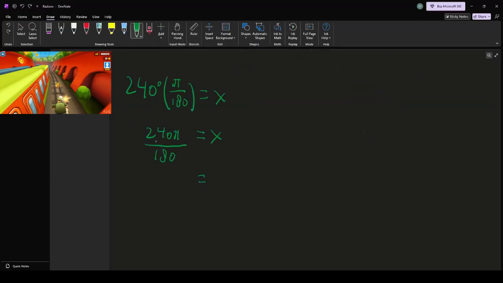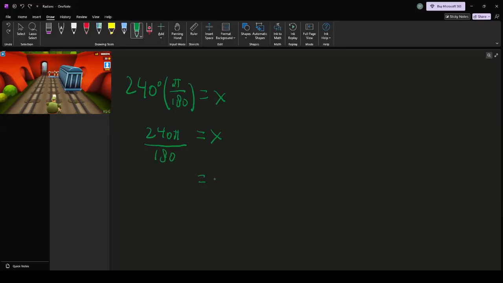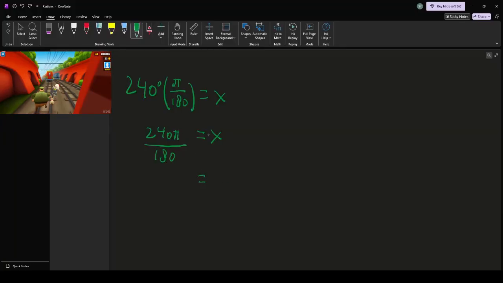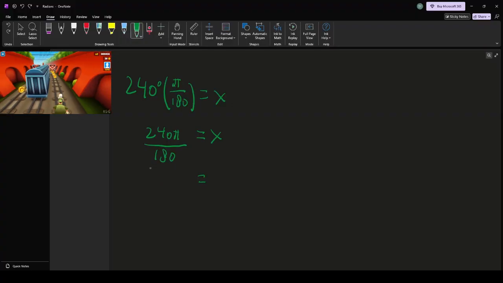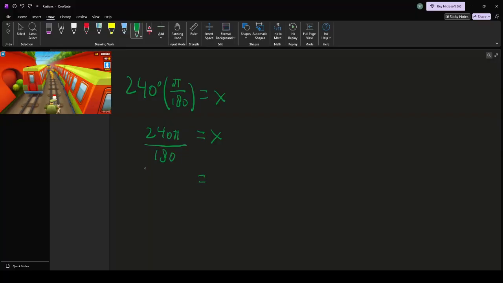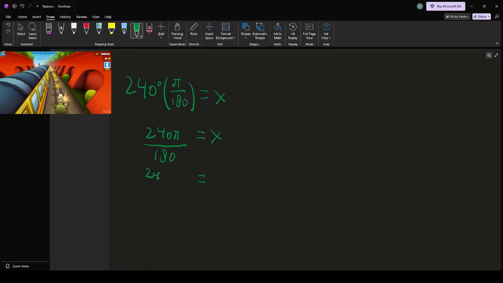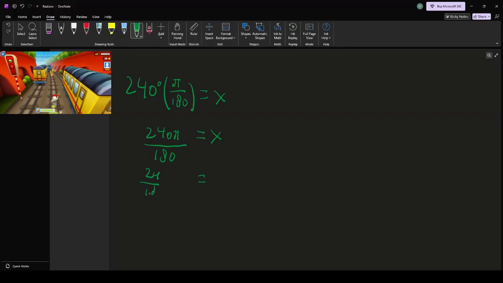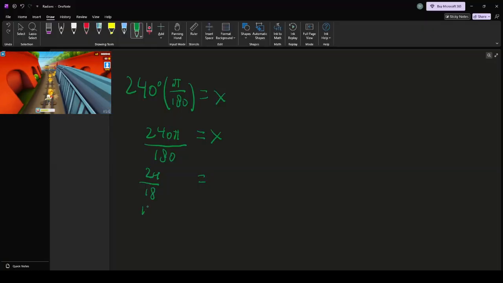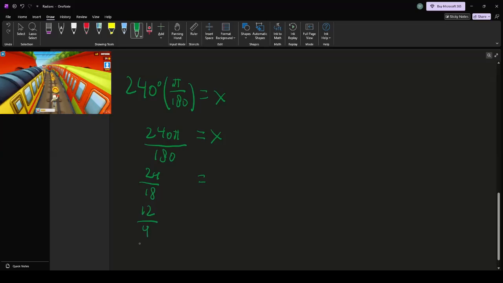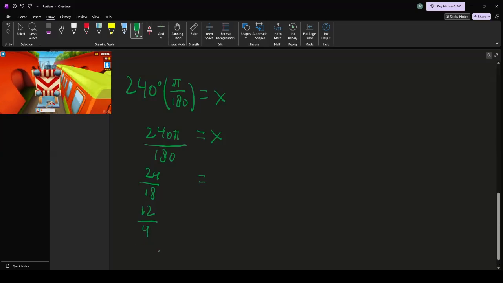So you just simplify the fraction 240 over 180 to get your answer in radians. I don't really have a fast way to simplify it, unfortunately, so you could just divide by 10, that's 24 over 18, divide that by 2, and divide those by 3.